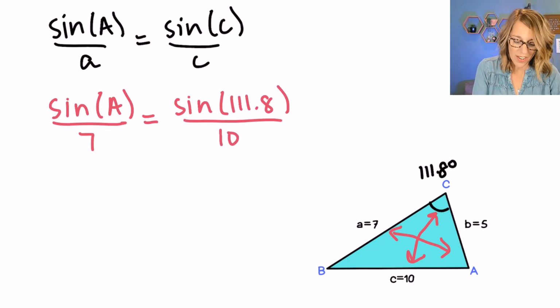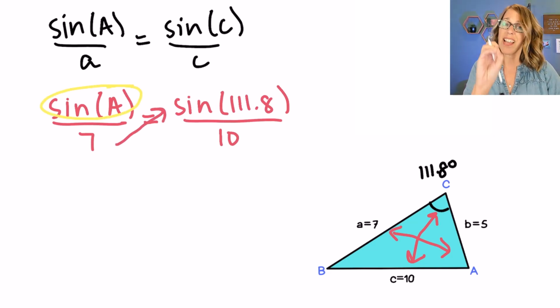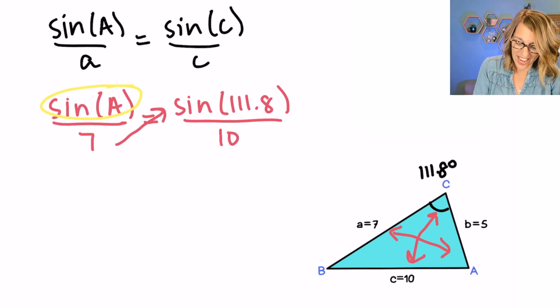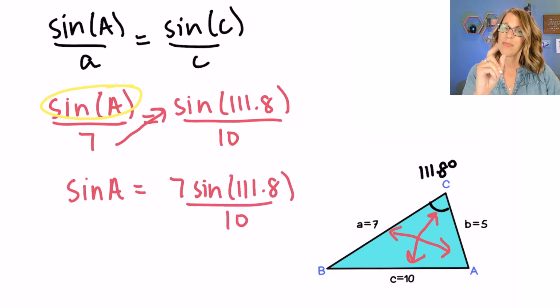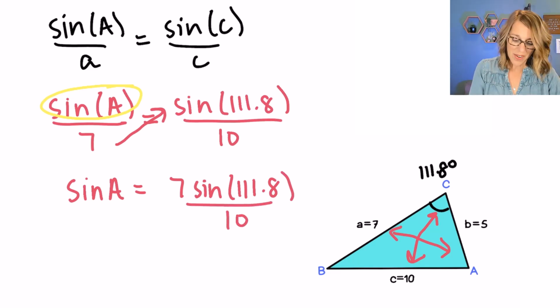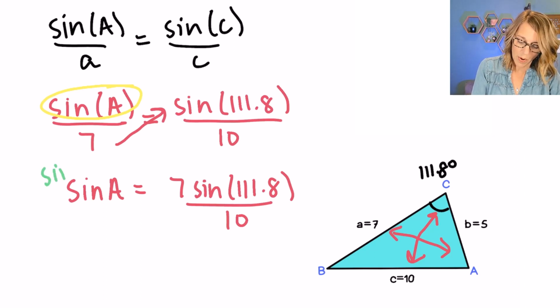Remember, I'm solving for that sine A. So I know that I want to cross multiply by the 7 to isolate the sine of A. So I get that the sine of A is equal to 7 times the sine of 111.8 degrees, all divided by 10. I really want A by itself now, so I'm going to apply a sine inverse to both sides.